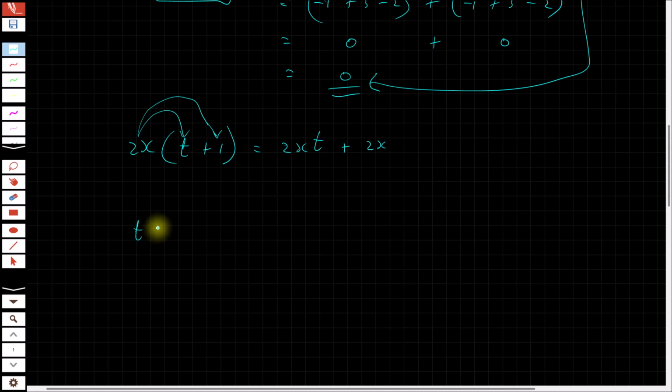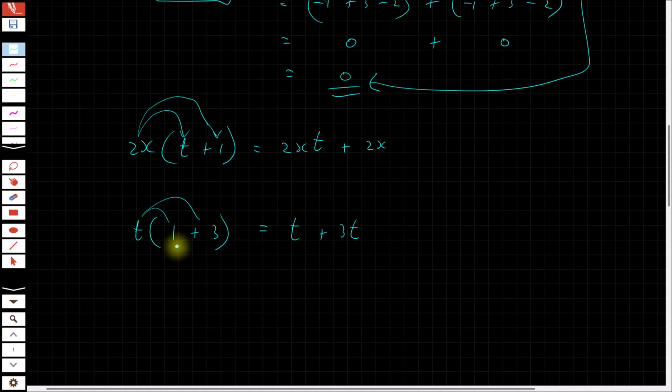Next, t multiplied by 1 plus 3. t times 1 is t, and t times a positive 3 is 3t.